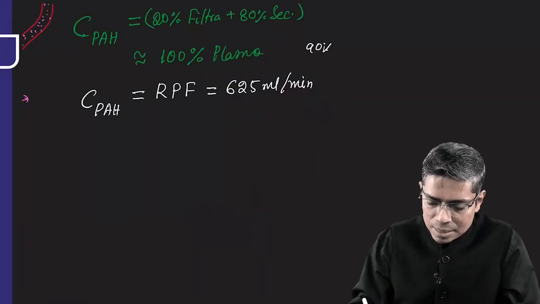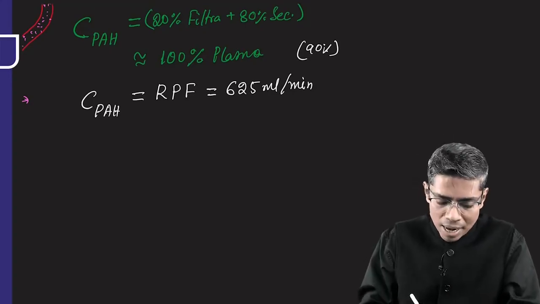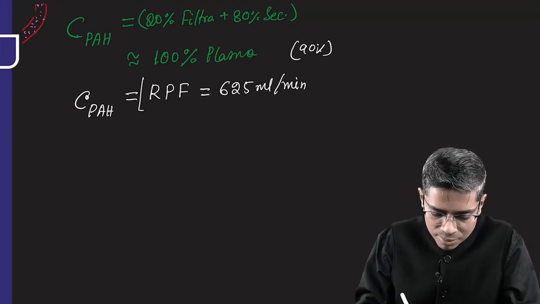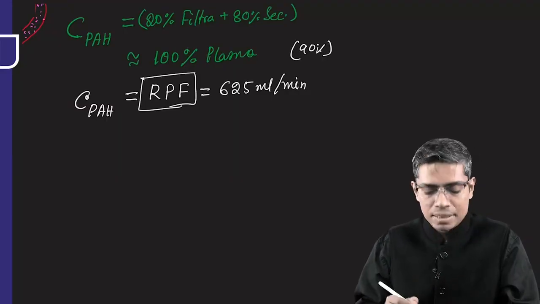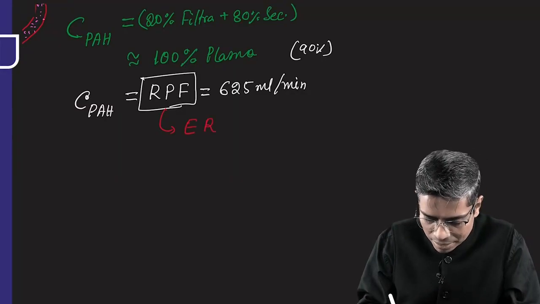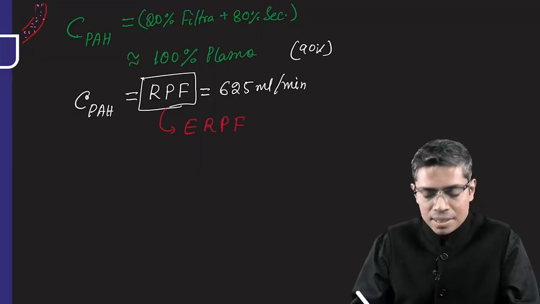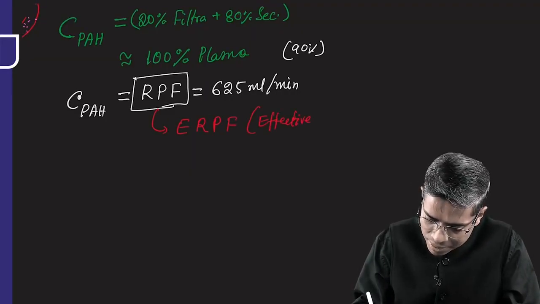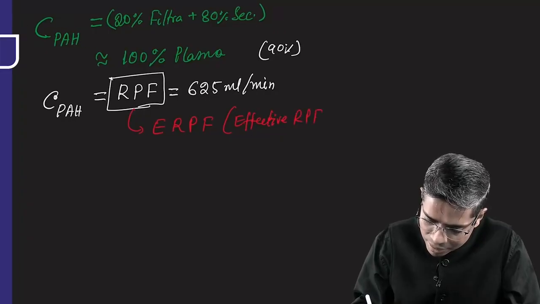So by the process of clearance of PAH, the renal plasma flow that you have measured is known as effective renal plasma flow.